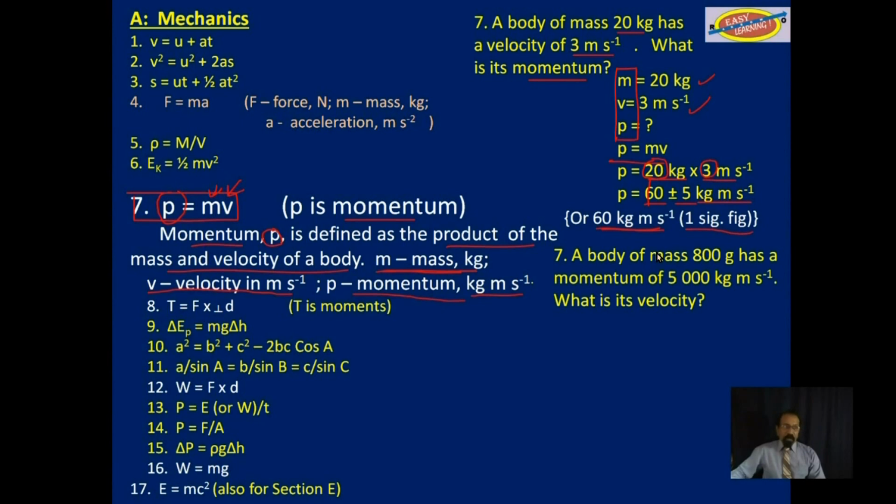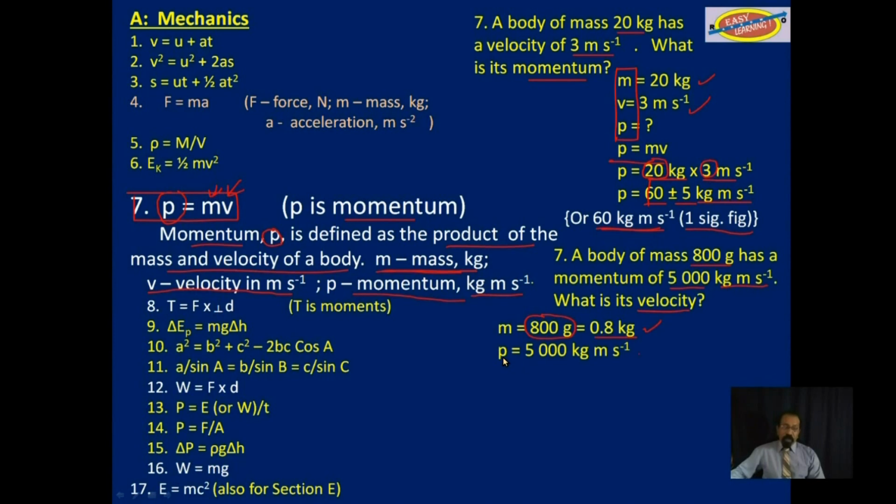Let's look at another example using that same formula. A body of mass 800 grams has a momentum of 500 kilogram meters per second. What is its velocity? So we know the mass and it must be in kilograms. Even though we are given it in grams, we must convert it to kilograms by dividing by 1,000.